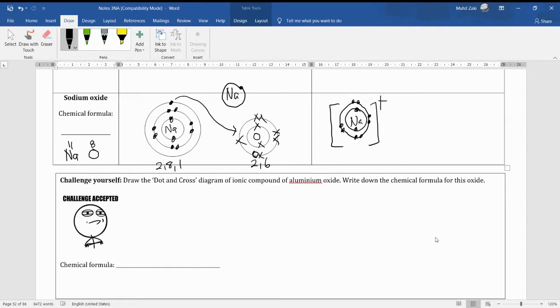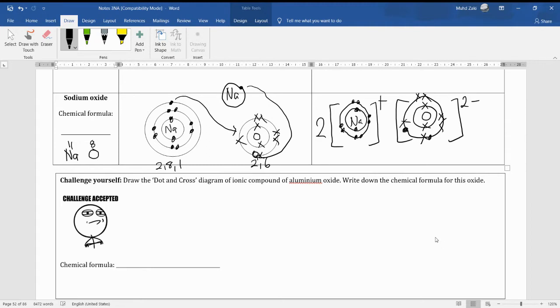Sometimes you have to add on the metal side, sometimes on the non-metal side. So you should have 2 sodium ions and 1 oxide ion, 2 minus. For oxygen, one is dot cross, the other one also dot cross.